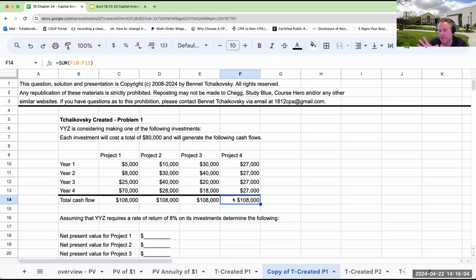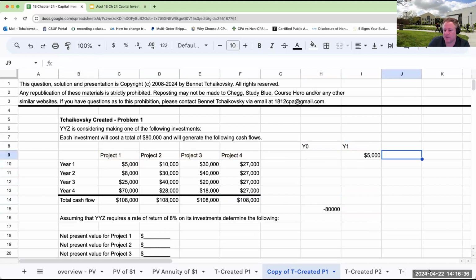And when we're dealing with present value, let's kind of go through and think about this. In year zero, I'm investing $80,000, right? It's costing me $80,000. But in year one, basically for project one, I'm getting 5,000, right over here.